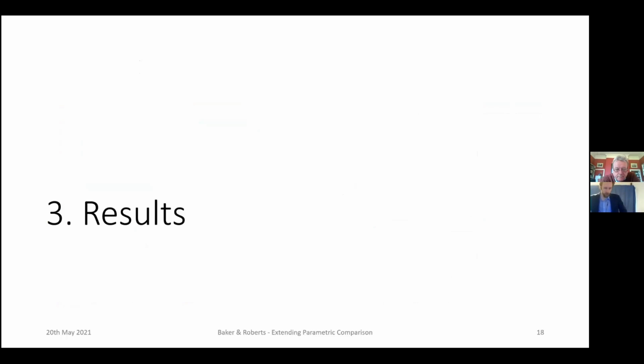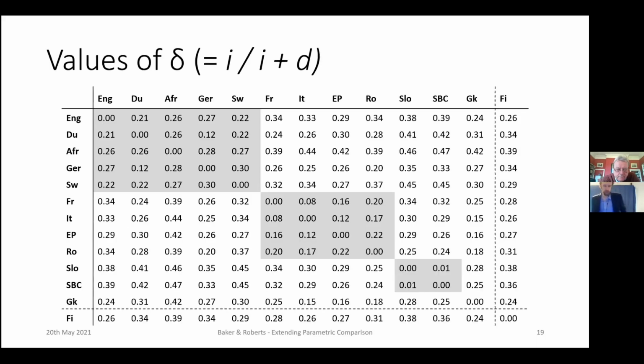Having done this, then, we are in a position to start to analyze this data computationally and produce some results. So we'll be reporting, as I said, the results here for the first 13 languages we've looked at. This chart then shows the values of delta, that's the distance value, which, as Ian said, is calculated as the number of identical parameters between a pair of languages divided by the sum of the number of identities and the number of differences, again with 0 values excluded.